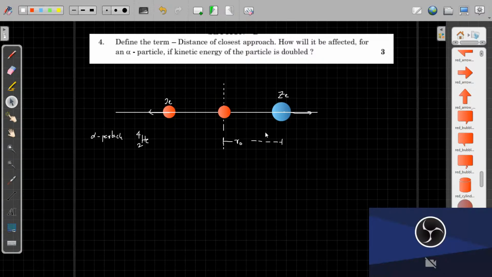The minimum distance up to which an alpha particle coming along a straight line can reach the nucleus is called the distance of closest approach.